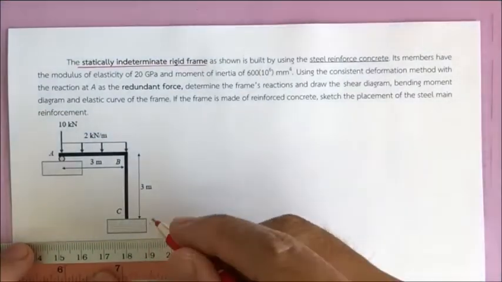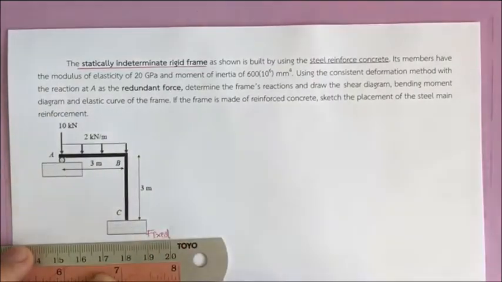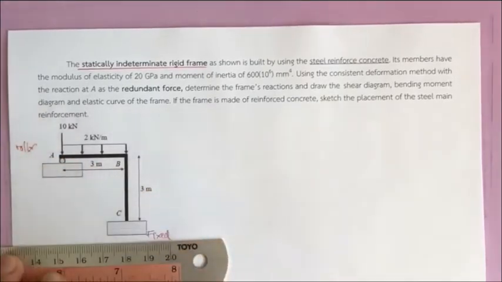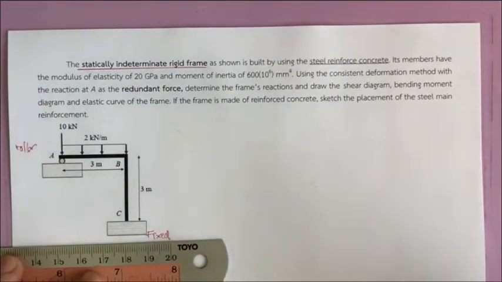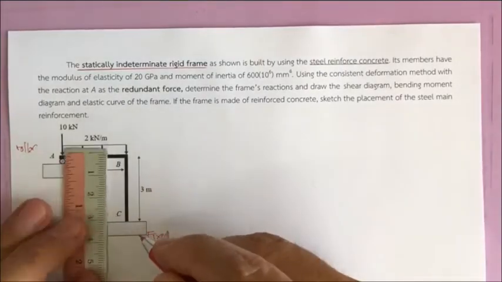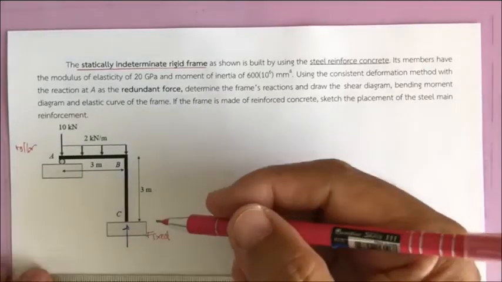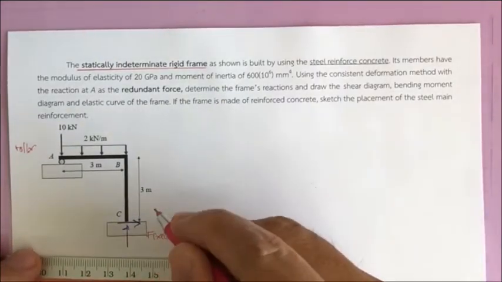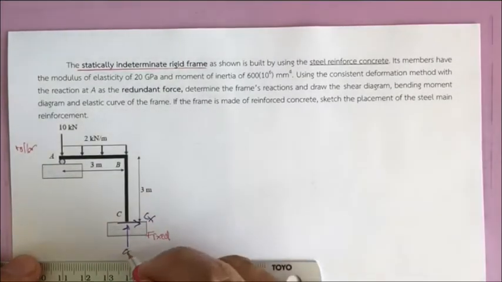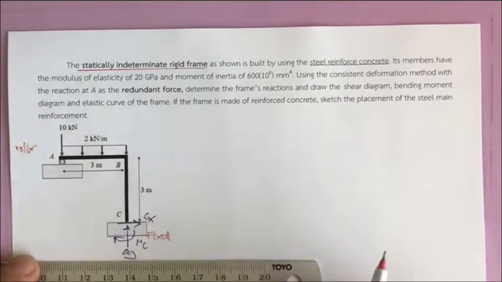This frame has a fixed support at C and a roller support at A. So if you check this, you may see we will have the reactions over here. This is going to be C sub x, and this is going to be C sub y. And we also have the moment M sub C here.